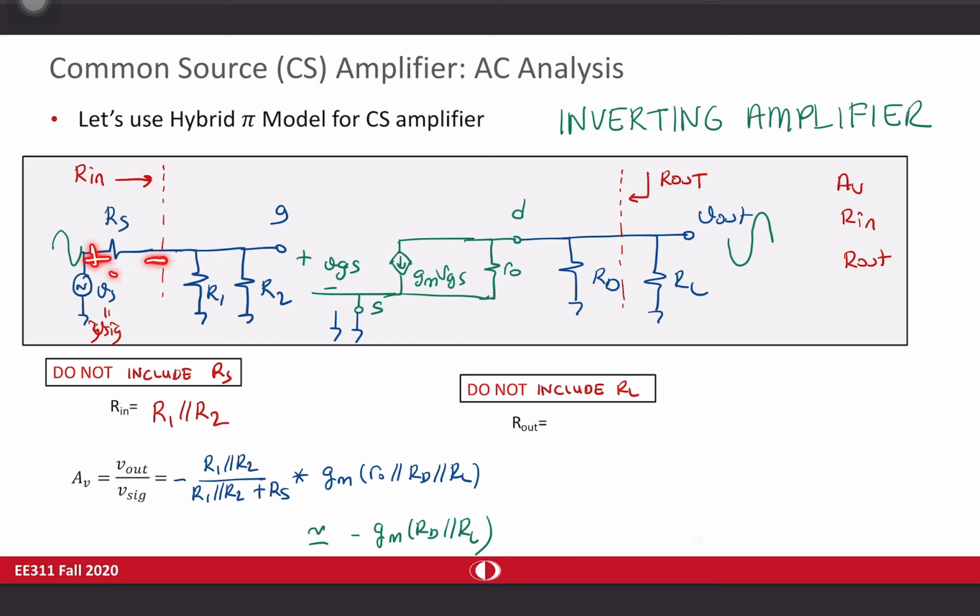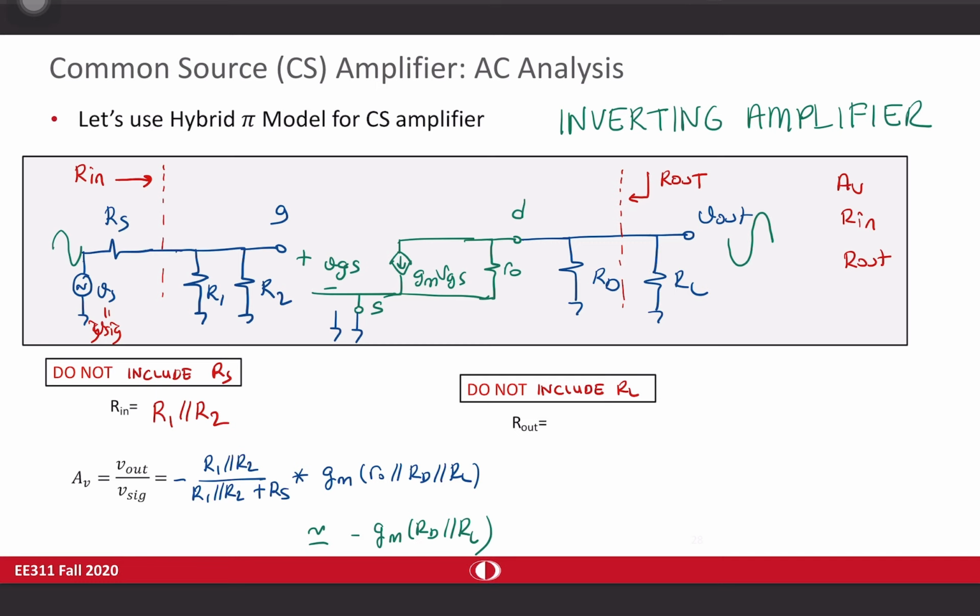They want to pass most of this source voltage to the amplifier without losing anything in here. And the other thing is, if you choose R1 and R2 very large, then this term can be simplified in this final expression. Keep in mind that R0 is much larger than any discrete resistance available in the circuit.